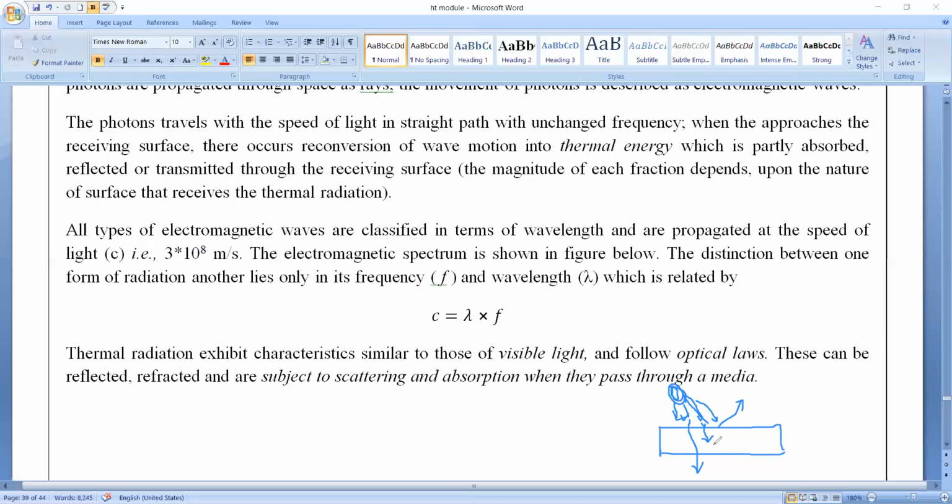So that's why the receiver will get heated. Out of that thermal energy, some energy will be absorbed, some will be reflected, and some fraction will be transmitted through the surface. And these things purely depend on the nature of the body, the nature of the receiver. This will be discussed in detail in the later parts.